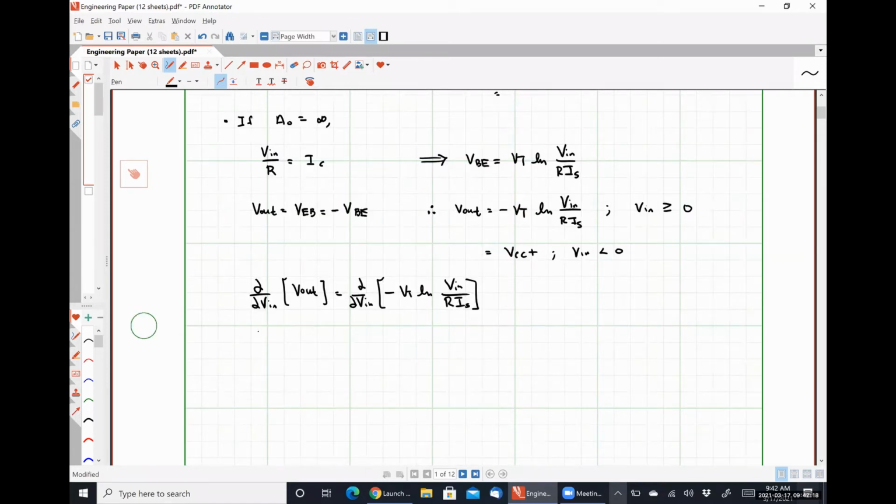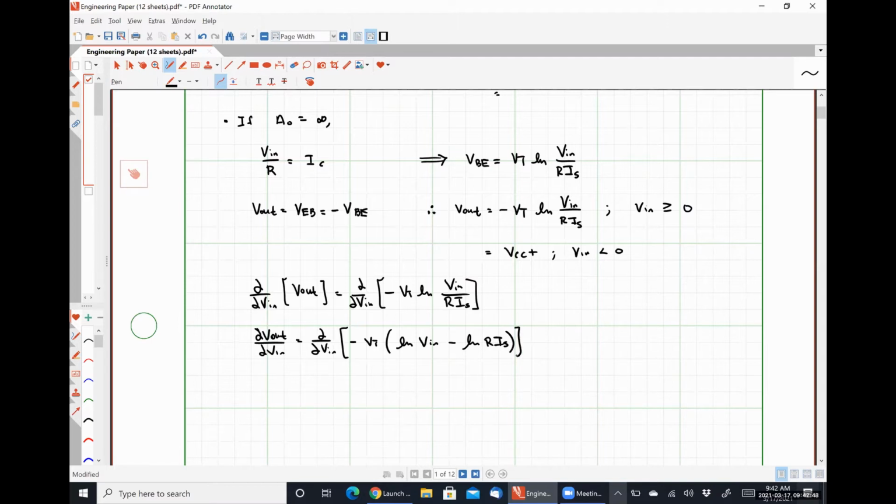So this is going to look like dV out over dV in is equal to d by dV in of negative Vt times the natural logarithm of Vn minus the natural logarithm of R times Is. Whenever I have a fraction, I can split it up into two things and subtract.